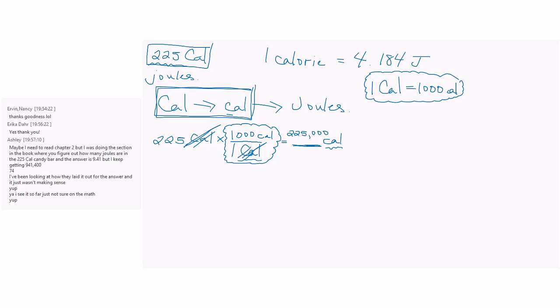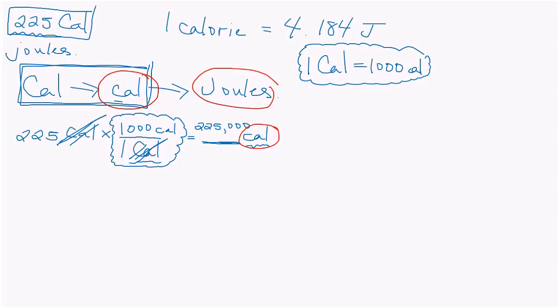I converted my big calories to little calories, and now what I want to do is, I've got a red one. I want to take my little calories now, and I want to convert them to joules. And I'm going to use the same dimensional analysis that I did to switch big calories to little calories, but now I'm going to use the conversion factor of 1 calorie is equal to 4.184 joules.